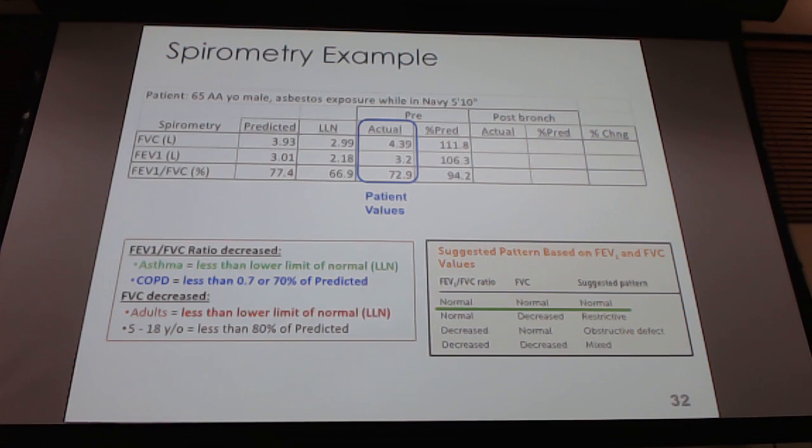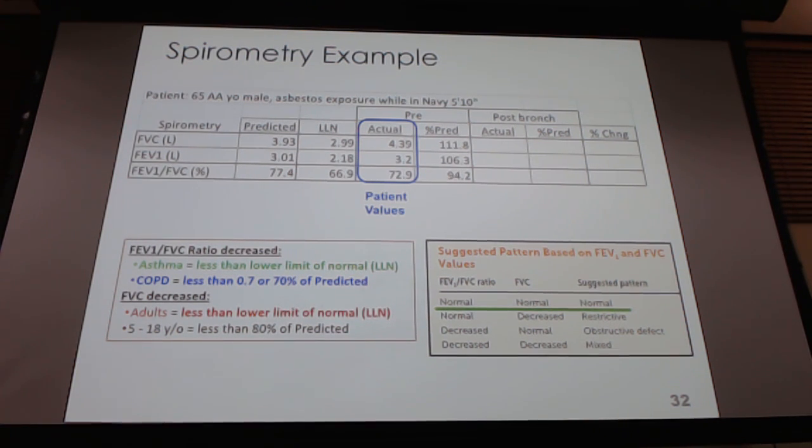This is for this 65-year-old African American male, and that is what we predicted for this person. For the FEV1 after 1 second, that's going to be 3 point whatever. That's what we predicted for him.